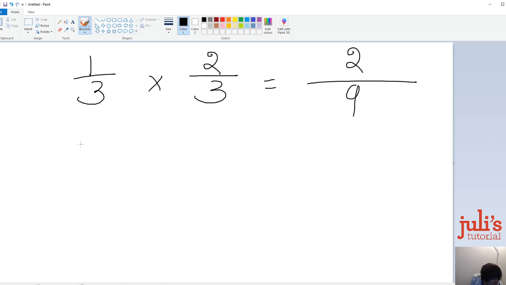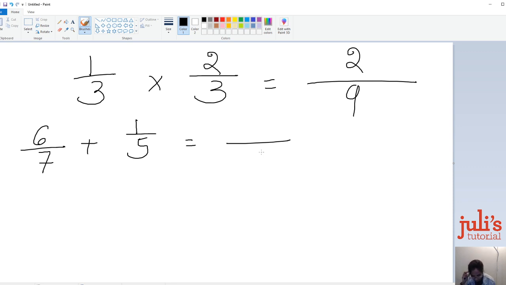6 over 7 plus 1 over 5. Oh, so that's an addition. Now we have to find the common denominator, right? What is the common denominator of 7 and 5?